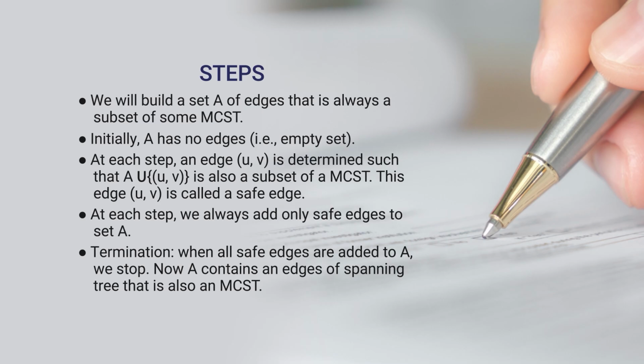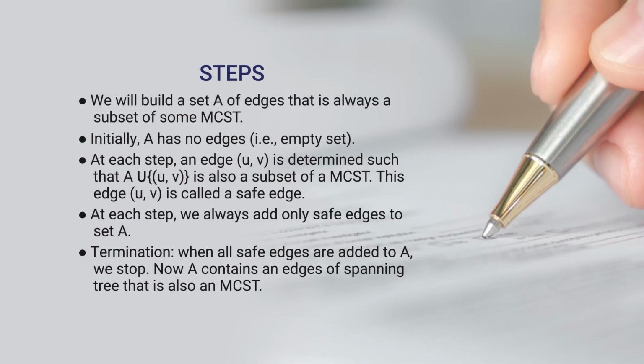Whatever solution you are getting is a subset of the candidate set, C. So here also you will be given a graph with vertices and edges, and whatever you are getting is a subset of that graph.